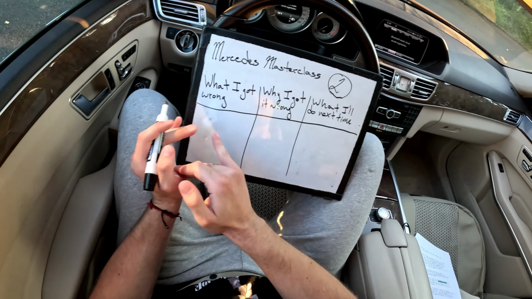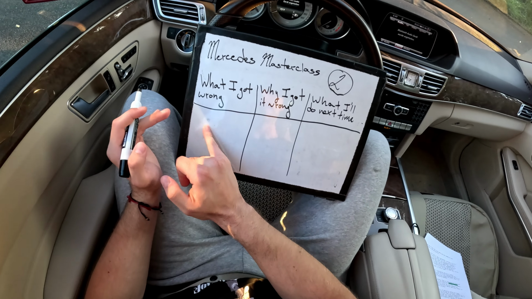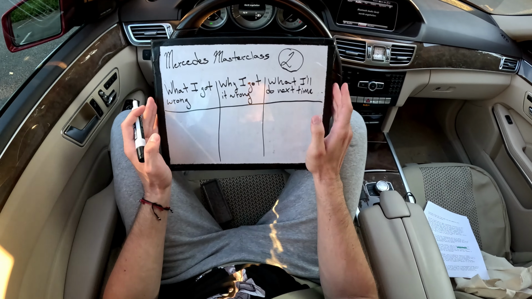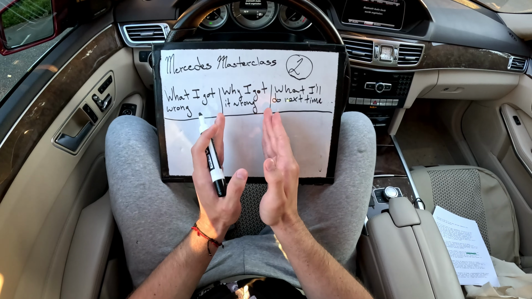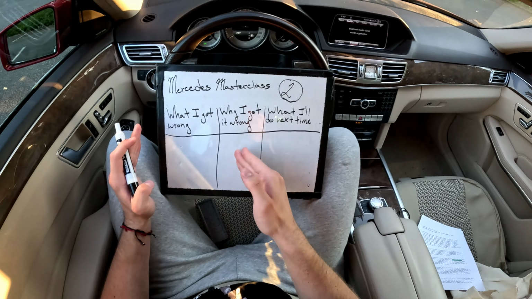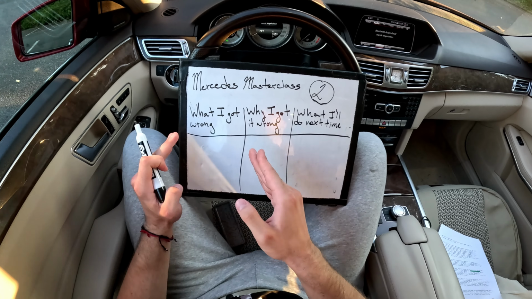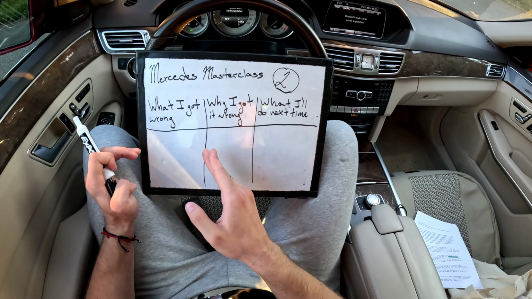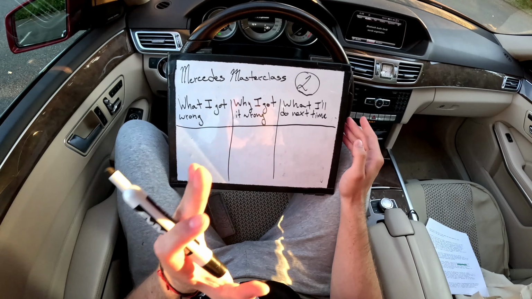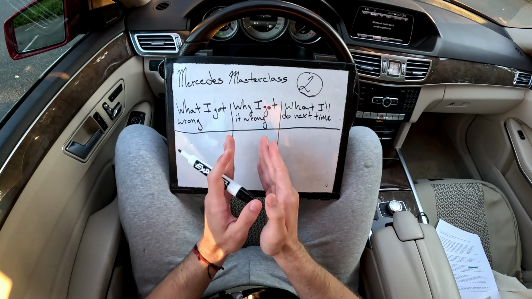For "what I got wrong," I would heavily recommend writing in the question stem just so we have the context of the question that we were actually answering. When it asks "why I got it wrong," we're going to talk about potentially that we didn't know the definition of something, or we misattributed something, or potentially it was something intrinsic, like we misread the question, or something else extrinsic and contextually based to your mistake.